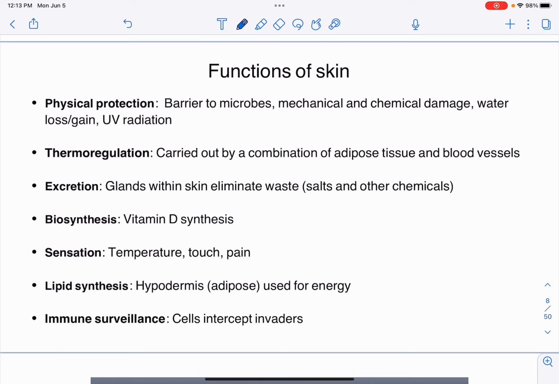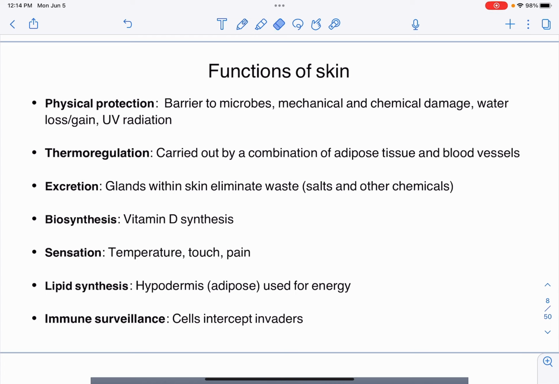So let us first talk about the many functions of skin. Skin is the largest organ system of our body, and you remember it is made up of a cutaneous membrane, which is another word for skin. I've outlined on this slide several of the important functions that skin has.